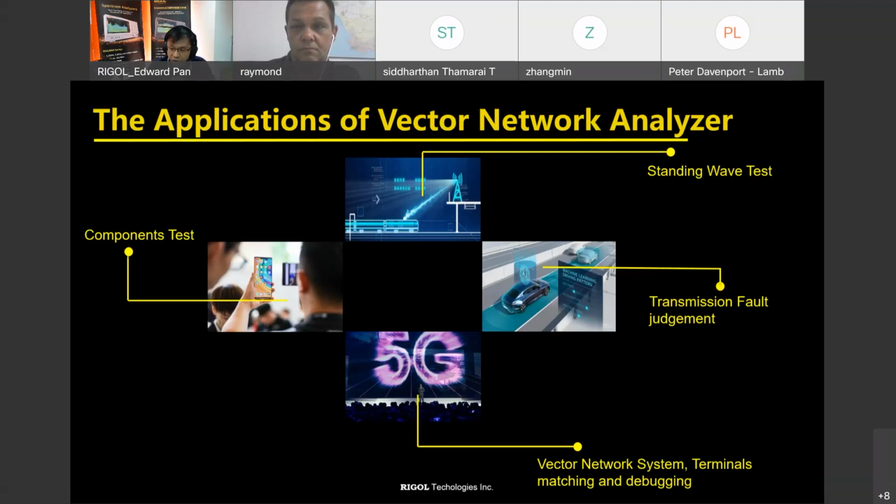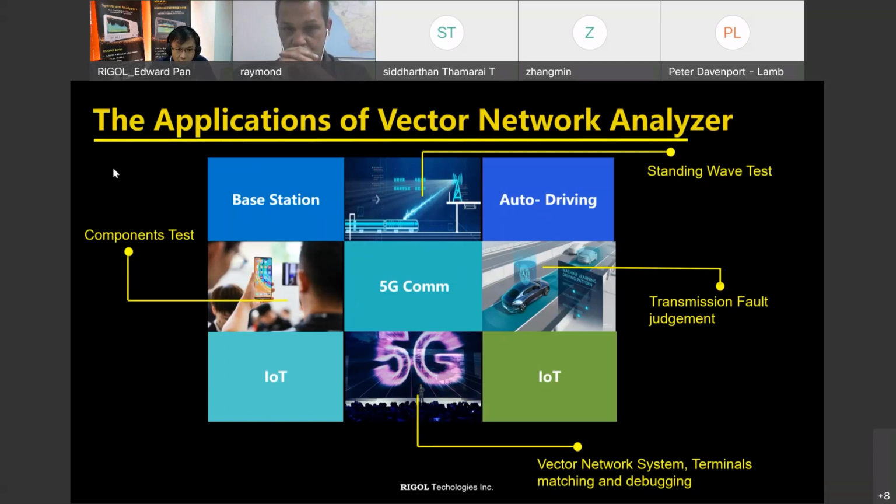It is difficult to find the interrupt point or fault point even for cables of kilometers or thousands of kilometers in length. So it is very difficult to find the fault point if there is an interrupt point. So we need to use the TDR or the DTF functionalities to verify these features.